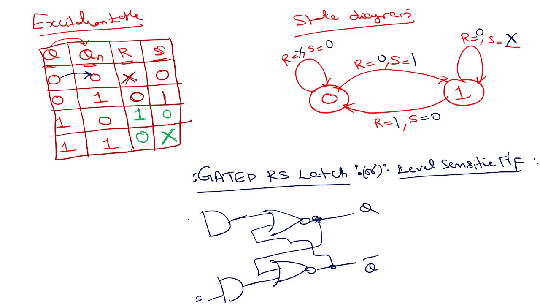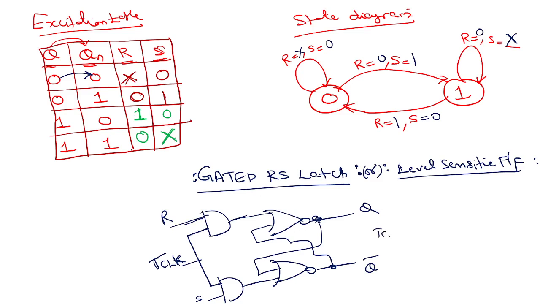This is S, this is R, and this is controlled by a clock, T clock. It means you have to maintain uniformity across all combinations of R and S. Correct? So you take a clock.